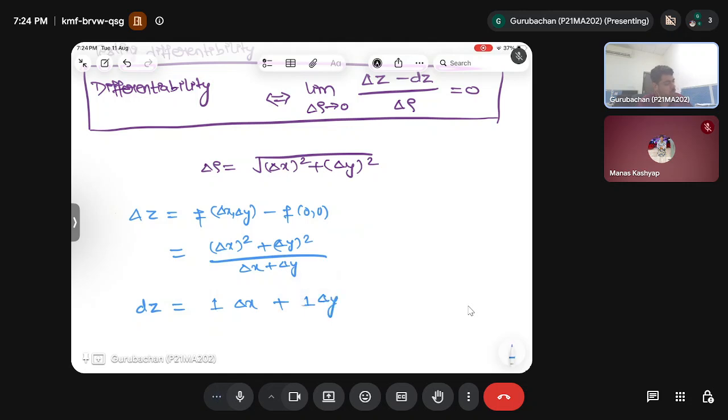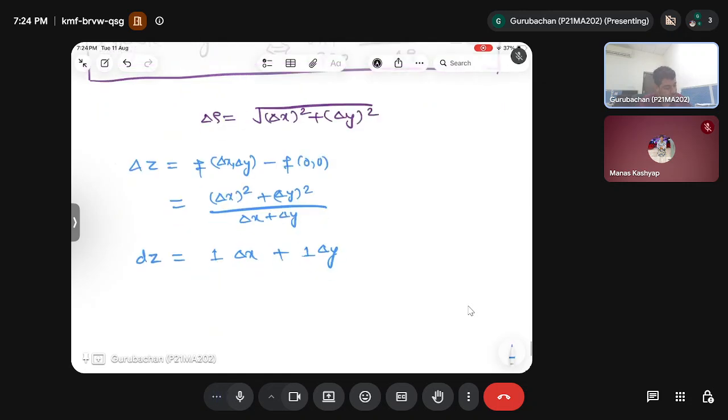Now substitute these values in the above expression and you will get limit delta rho tends to 0 of delta z minus dz, the actual change and approximate change, divided by delta rho.